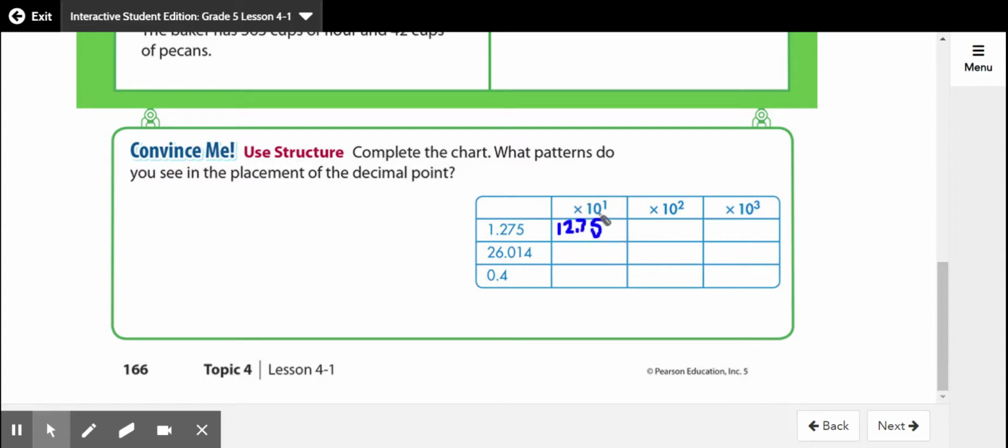Now here we go times 10. I'm just going to move this decimal over 1 and make this 260, and then point 14 hundredths, or point 14. And then here's my little 0.4 times 10.